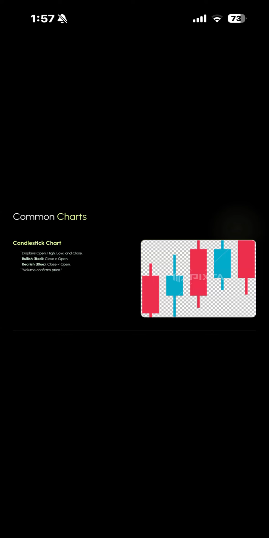Now, how do we visualize this psychology of the investors? We use the candlestick chart. A candle is not just a shape, it is a battle report. It displays the open, high, low, and closing price for a specific time window.